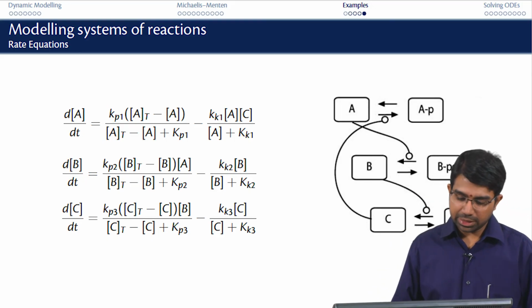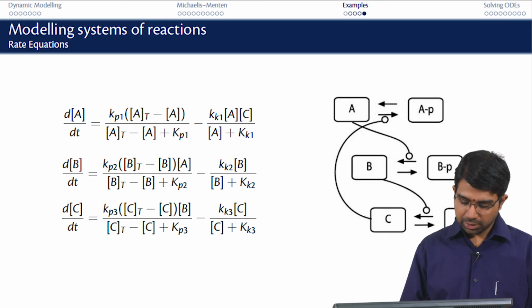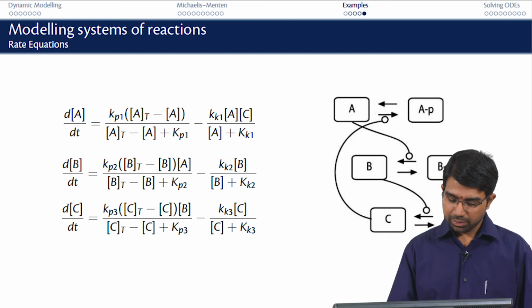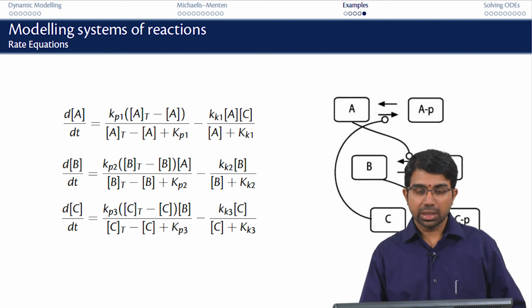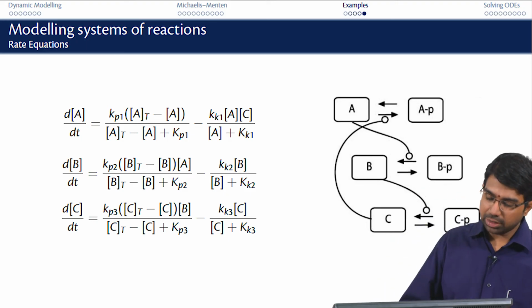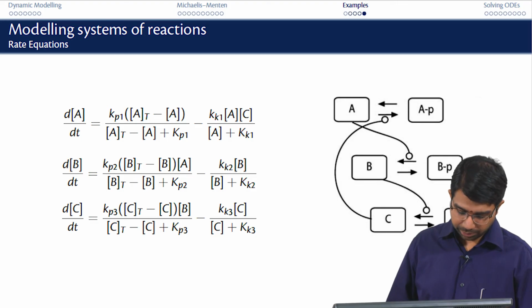So, dAp by dt will just be the inverse of this, because a plus ap is a total. So, you can eliminate one equation and basically get dA by dt is something of this sort. You do not have to use the term ap any longer, you can just call it a total minus a naught minus a.